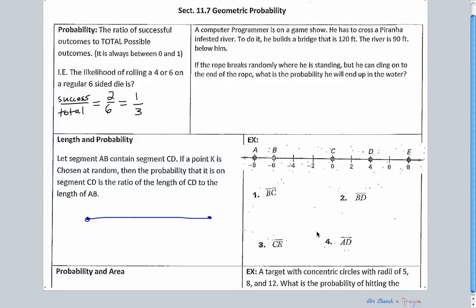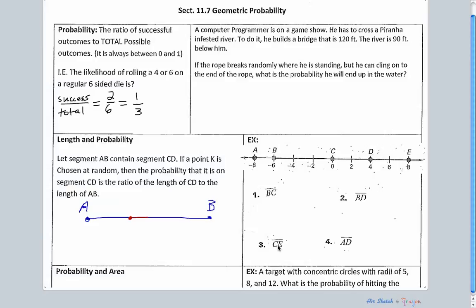A, B. And then somewhere in here is segment CD. Somewhere in the middle. Doesn't really matter where it is.